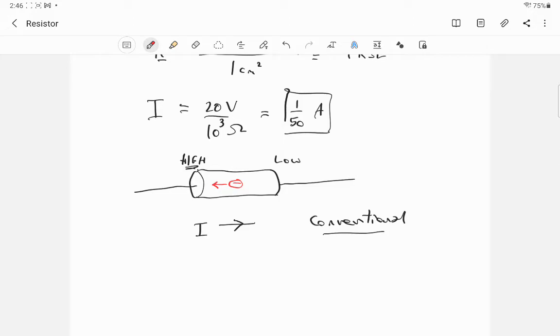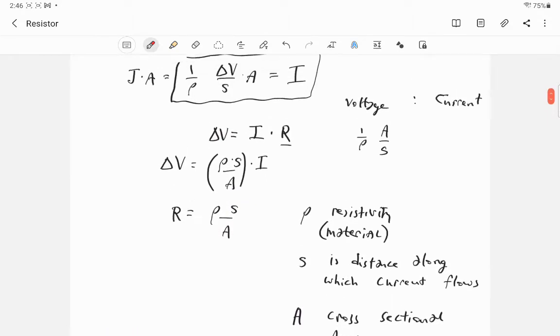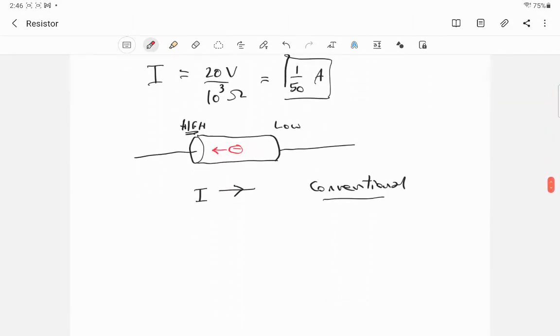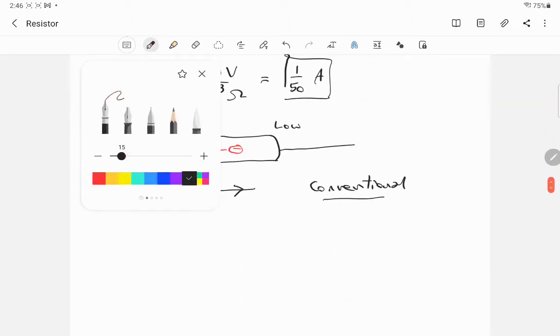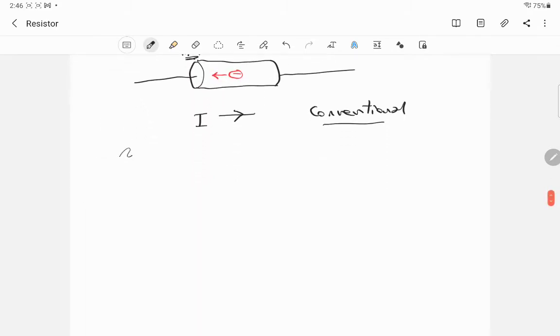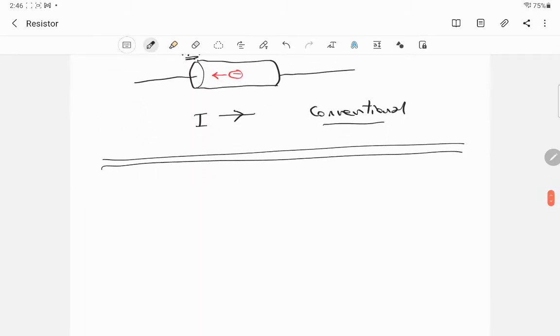Okay, so that's an example. I want to tell you another example too, though. Some problems give you resistors of funny shapes.